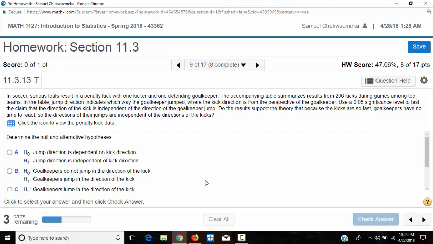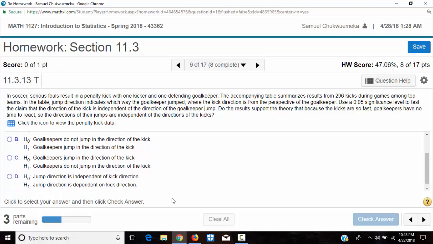Okay, so here the null will be that jump direction is independent of kick direction, because this is what they say: test the claim that the direction of the kick is independent of the direction of the jump. And the alternative would be that jump direction is dependent on kick direction.